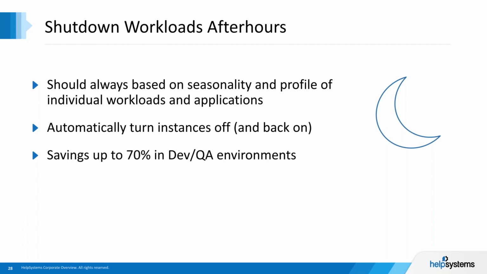So turning them off is a good idea, especially in dev and QA environments where you normally have a shorter window of activity, maybe like 8 hours in 24. Turning those off during inactive hours can save you up to 70%. So especially for dev and QA environments, there's a huge potential for saving money by shutting down workloads after hours.